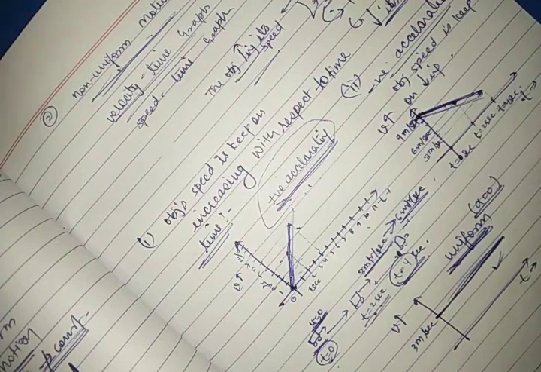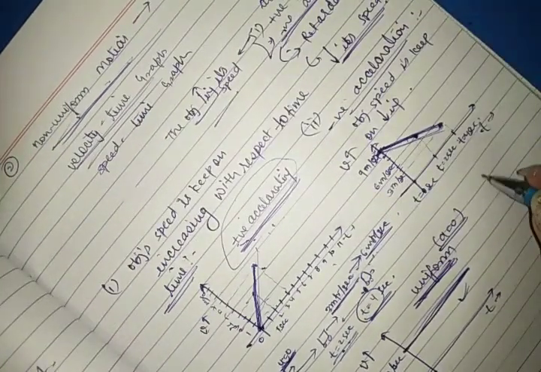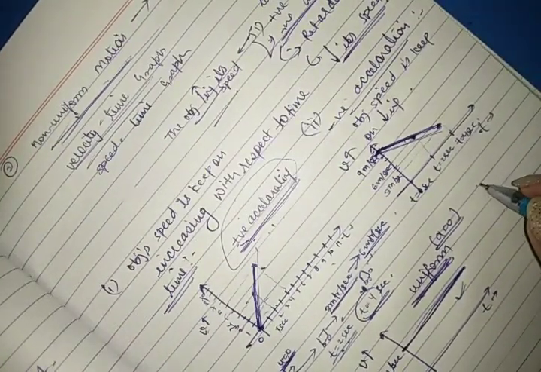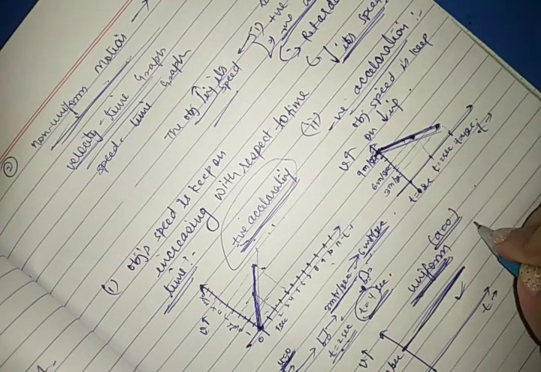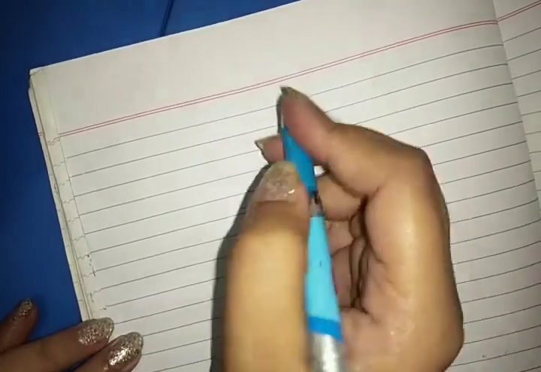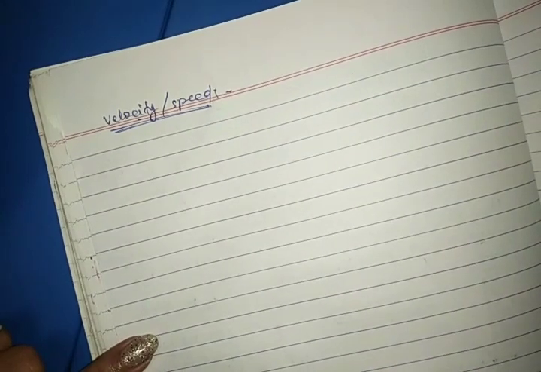Okay, so we have seen the distance time graph and the velocity time graph. Now let's see how we determine the velocity or the speed. I'm again telling you that speed and velocity are the same, but the difference is only about the direction.